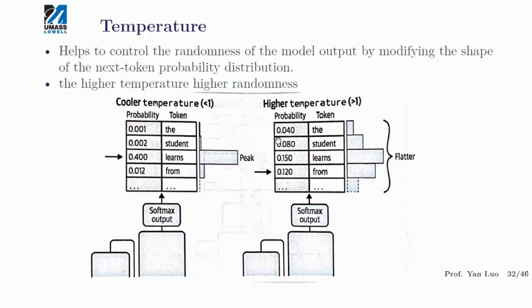Whereas if you have a higher temperature, you have a flatter probability, so it's more evenly distributed. So with this temperature value, you can tune the model output to be more creative or more conservative. And of course, these numbers are very model dependent. So the same number will probably give you a different effect on model 1 versus model 2. But this is something you can change.